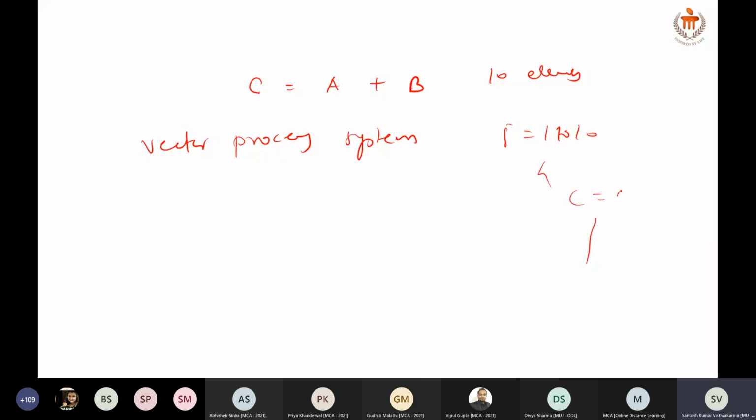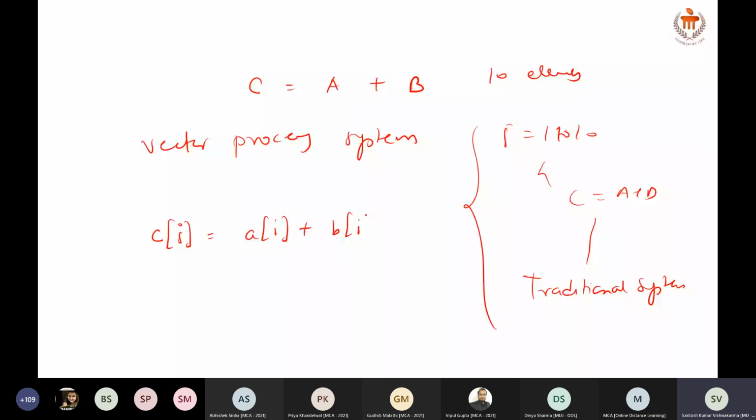But this is not the case in vector processing; this is the traditional system. In case of vector processing, we can arrange it like this: Ci equals Ai plus Bi, assuming the value of i is from 1 to 10, and we can have the structure.